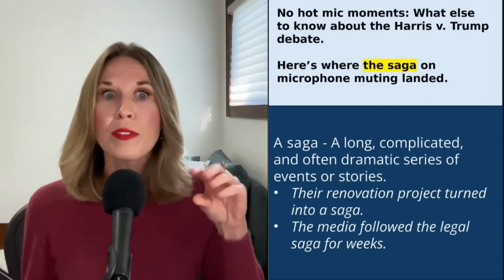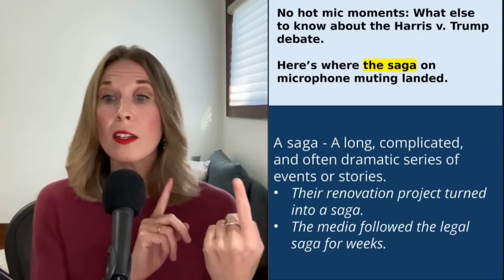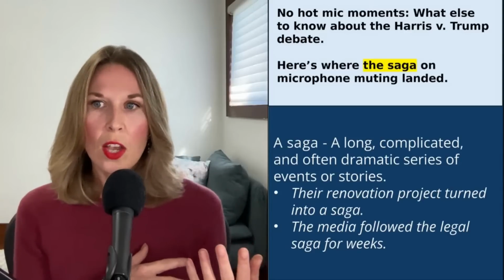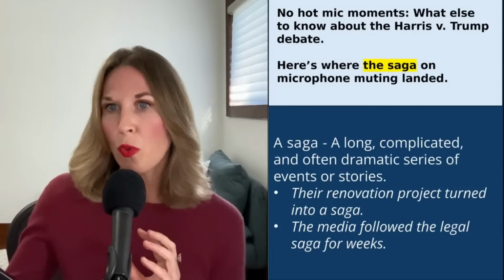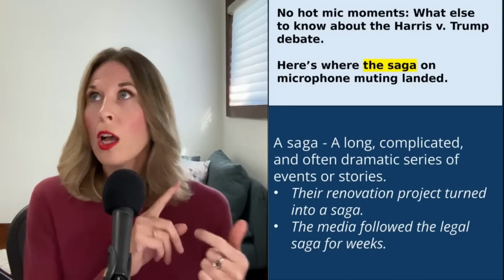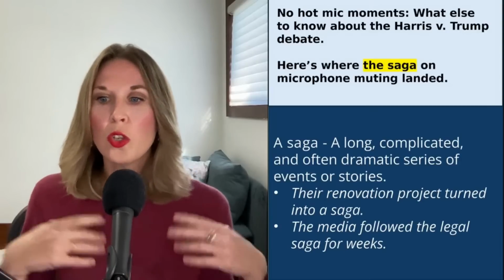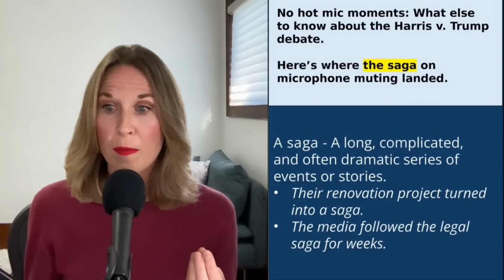Or this is often used in the media. The media followed their legal saga for weeks. So there might be a celebrity couple and they're getting divorced, but it's a long, complicated, dramatic divorce. You can refer to the divorce as a saga.